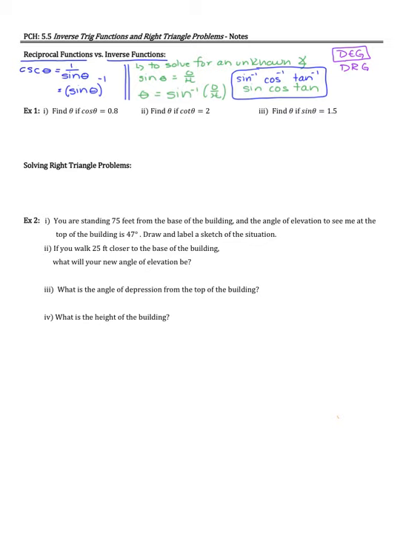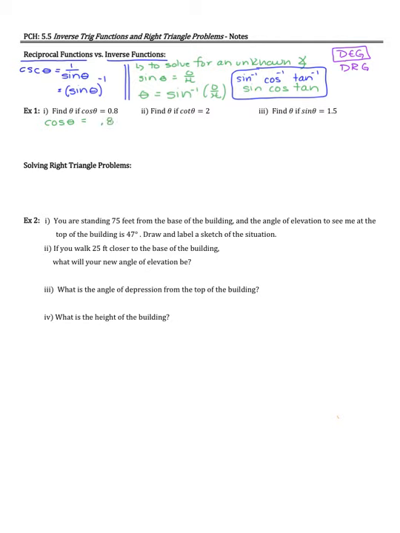So what we're going to do is we are going to find theta. So cosine theta equals 0.8, sorry. So this is really what we're doing. We tend not to write it all out, but I'm going to, on this first one, just show you how it works. Cosine theta equals 0.8.